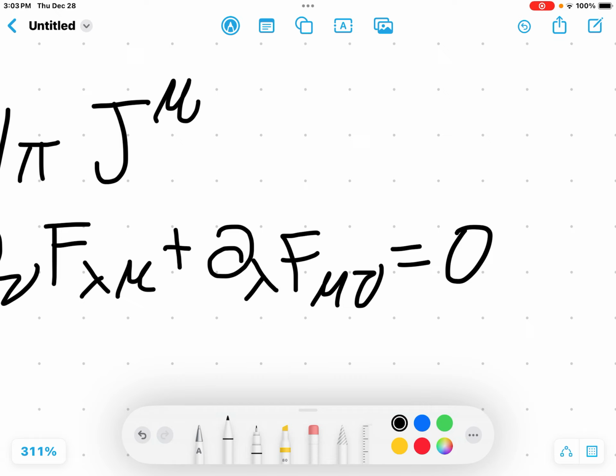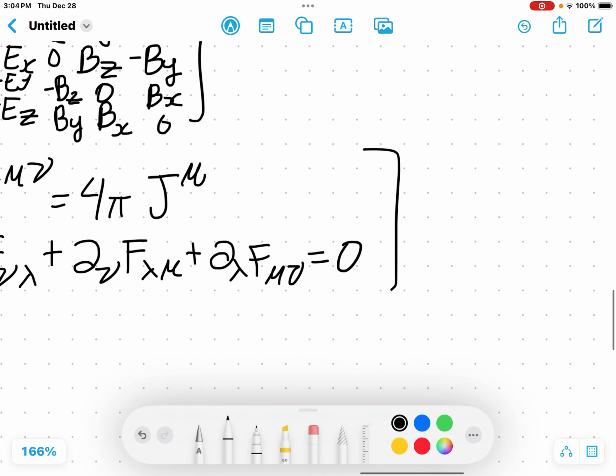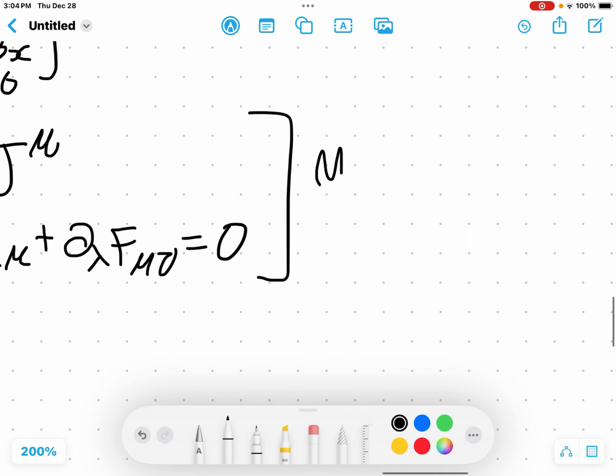What we're doing is just lowering the indices, I believe by using my Levi-Civita symbols or some other factor. If you guys can point that out, I would appreciate it. And you'll find that if you do this, you will get Maxwell's equations.